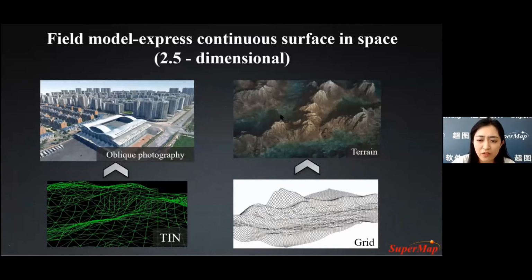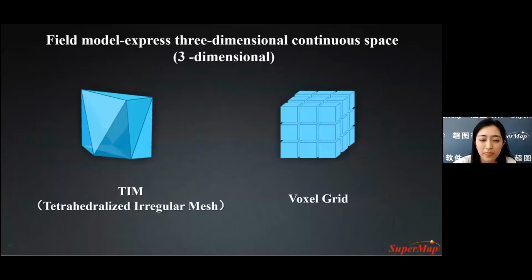There is also a data model based on the TIN. The grid is also widely used, most commonly to express 3D terrain, but they are not really 3D. It's 2.5D, so they have not yet completed the upgrade, and they need to be upgraded.